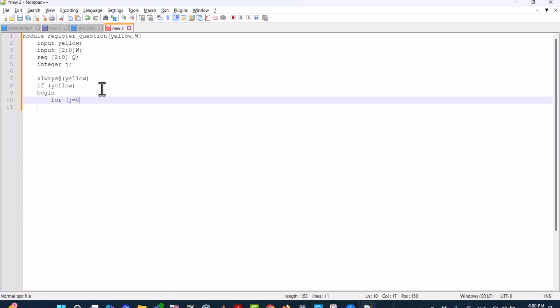J equals 0, semicolon, J less than 3, semicolon, J equals J plus 1.